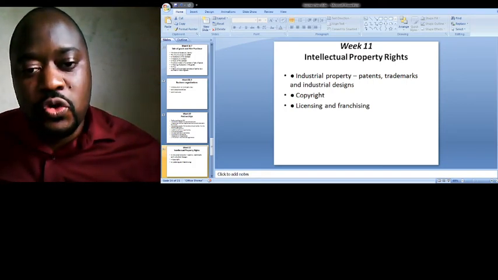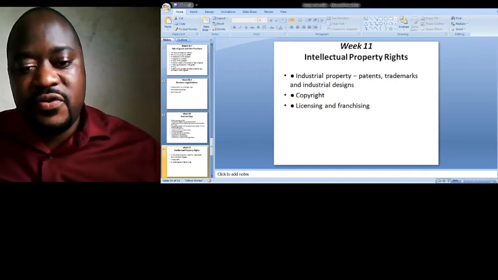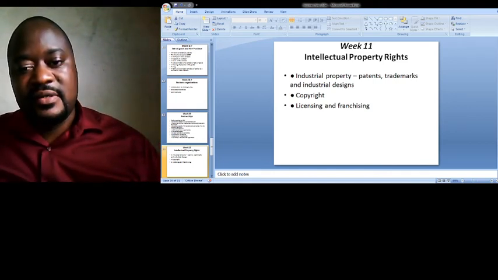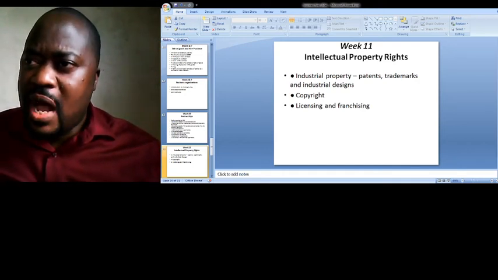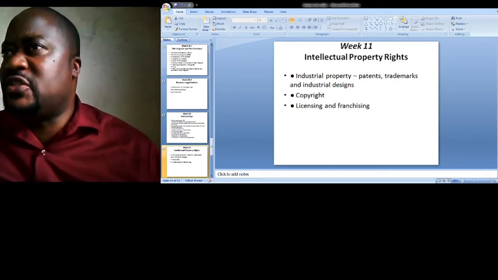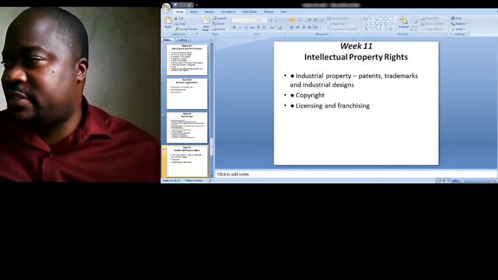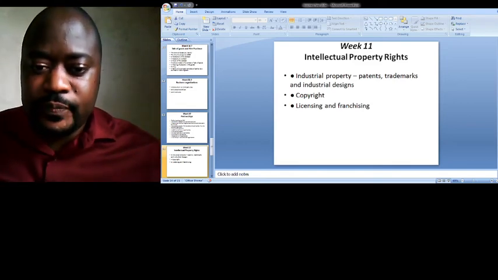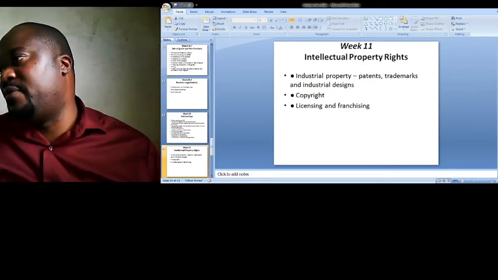And then we'll also look at intellectual property rights. If you come up with an invention, how do you protect it from other people, third parties or second parties, so that they may not encroach on it? Where do you run to? How do you protect that which you've come up with?